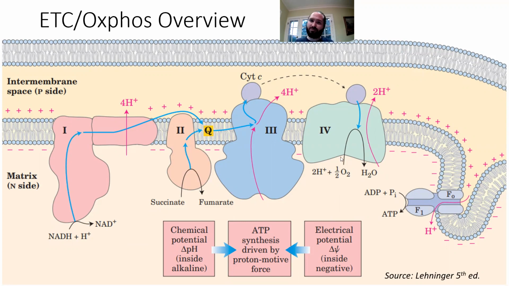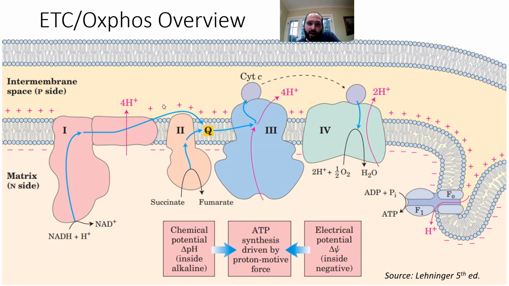Of course, we know that we're not going to have half of an O2 molecule actually in practice. So we'll see 2 types of diagrams describing complex 4. From the perspective of an electron carrier, complex 4 will reduce half of an O2 molecule and pump 2 protons.